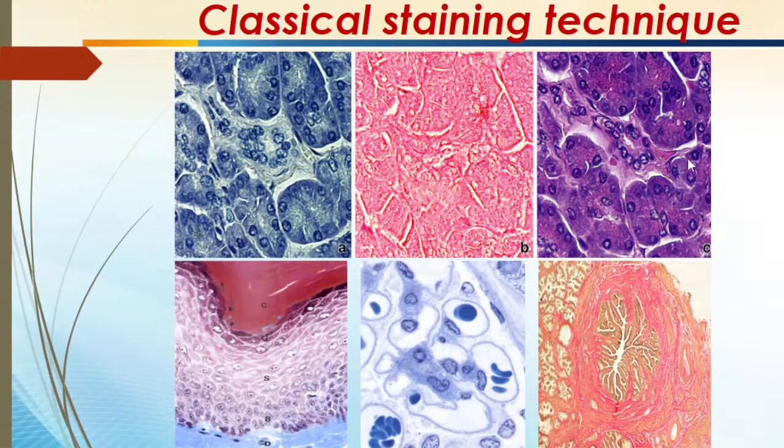Look at the left picture. This is a combination of chemical reactions. Blue-purple nuclei and pinkish and red granules inside the cytoplasm. This is the hematoxylin and eosin double staining detection.